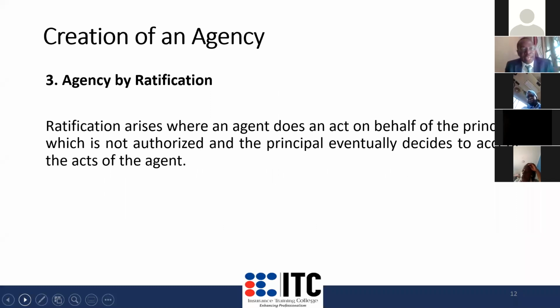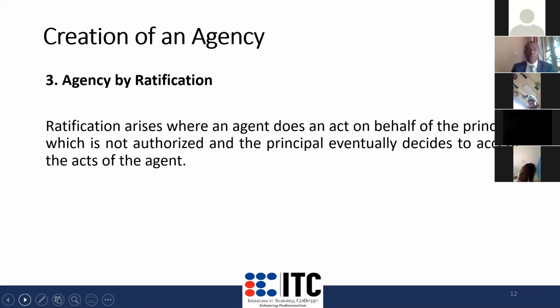Another, our third way of creating agents, we have agents by ratification. Agents by ratification simply means that from the beginning there is no arrangement. They have not still authorized you to do anything, there is no agreement at all.